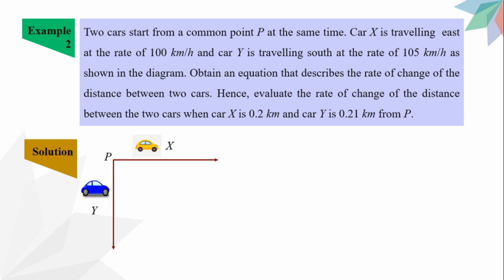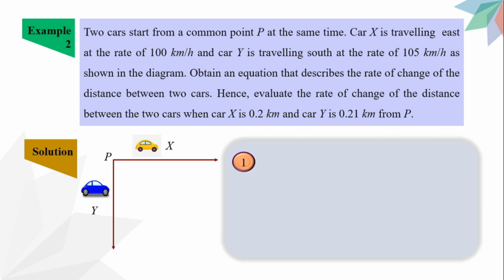Obtain an equation that describes the rate of change of the distance between the two cars. Hence, evaluate the rate of change of the distance between the two cars when car X is 0.2 km and car Y is 0.21 km from P.